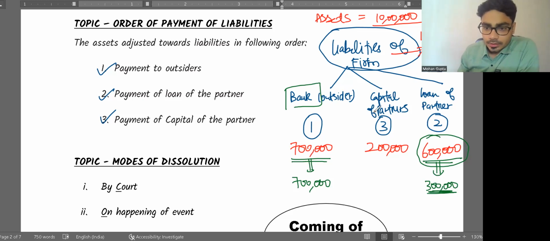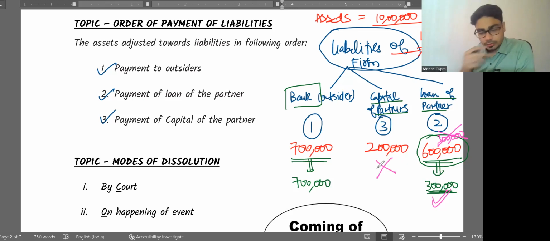In our example, let us say they don't have that much money. So the loan will be paid 3 lakh and the remaining 3 lakh is a loss that will never be paid. And the capitals of the partners will also not be paid. You got an idea?